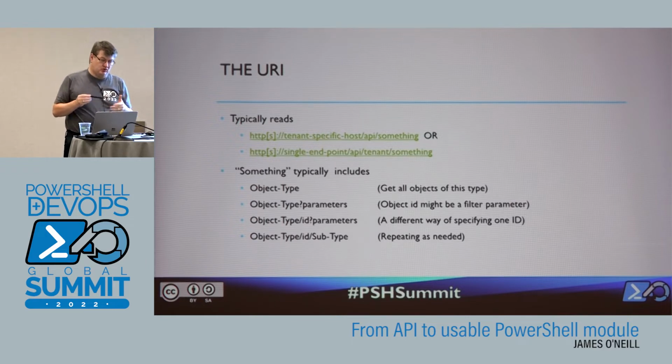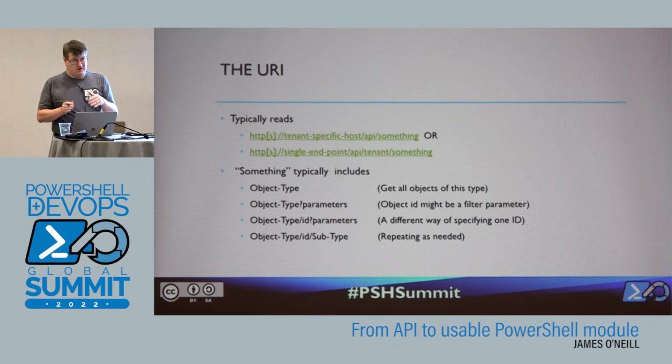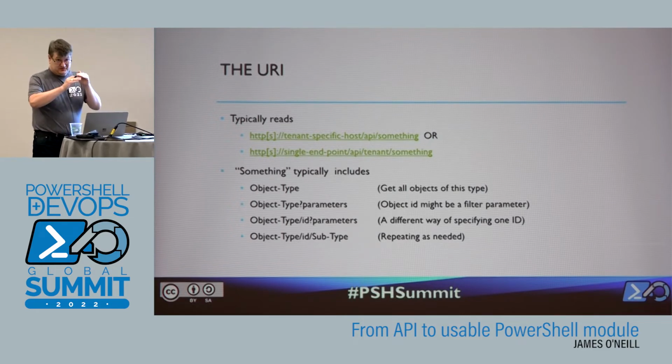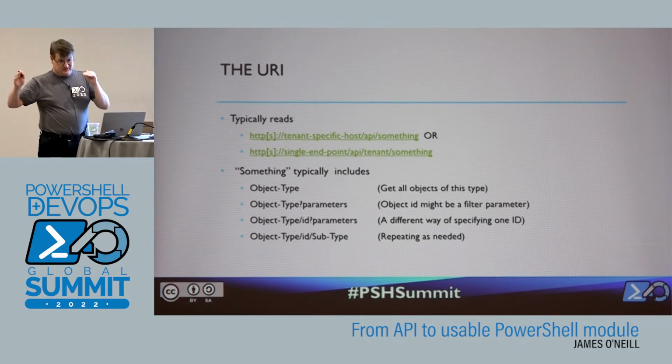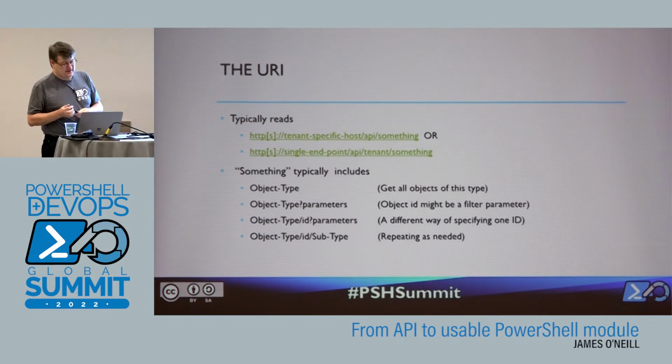One of the APIs I worked with prior to doing this was the one for Azure DevOps, and DevOps does this to an enormous degree. So if you say, I want to change the form that I use for a particular kind of work item, you can be about 7 or 8 layers deep down that chain in the URI.